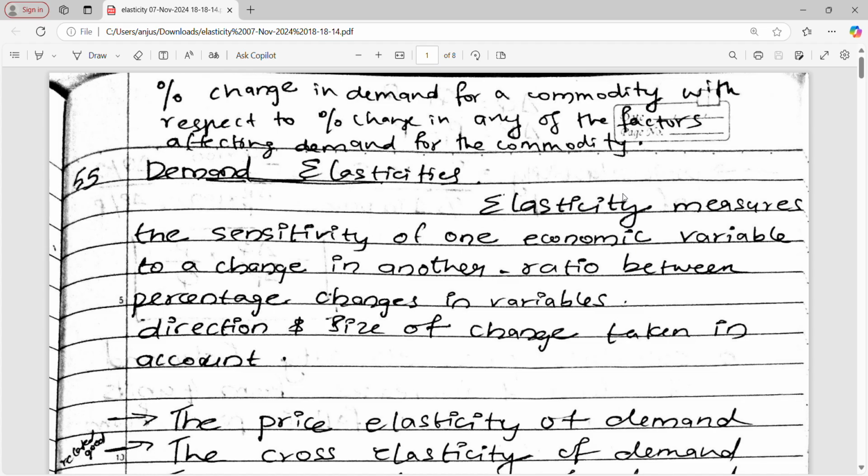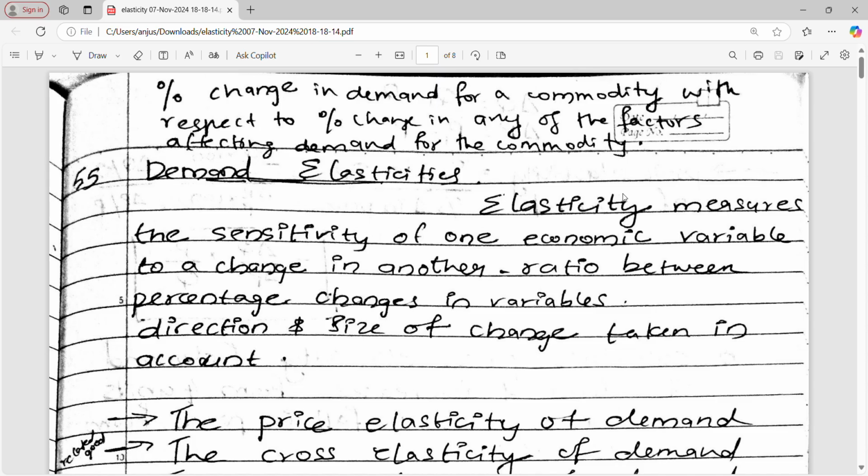So in general, elasticity measures the sensitivity, the responsiveness, of how one economic variable's change will respond to another economic variable's change. Let's say these economic variables are price and demand. So how the change in price of a product will affect the change in demand of that product.